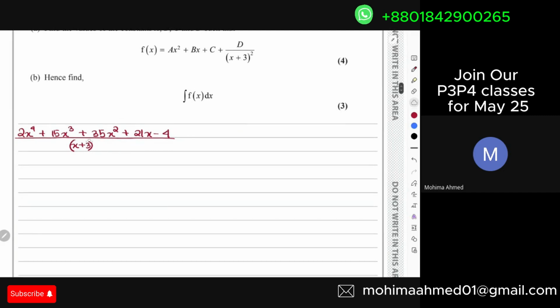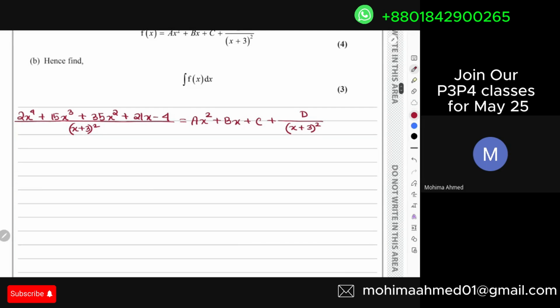We have this x plus 3 whole square here, right? And this is equivalent to ax square plus bx plus c plus d divided by x plus 3 whole square, right? So which means that if I take this to the right hand side, it will be multiplied with this x plus 3 whole square.